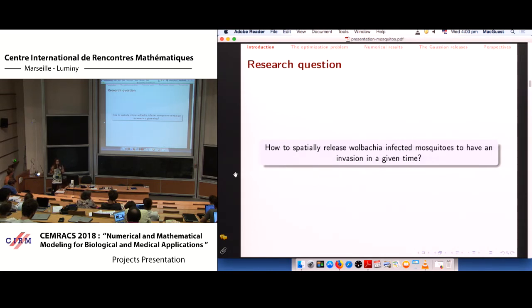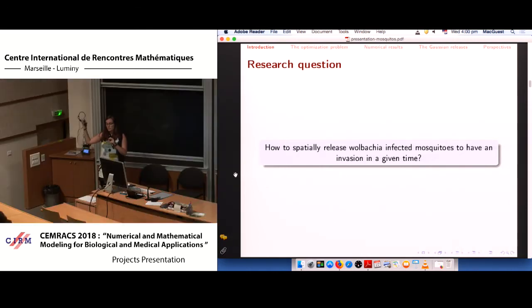So the practitioner goes on the field with his box full of mosquitoes, and he has to open it and release mosquitoes in the area that he wants. What we want to know is where we have to open this box to have the most efficient development of our population of infected mosquitoes.